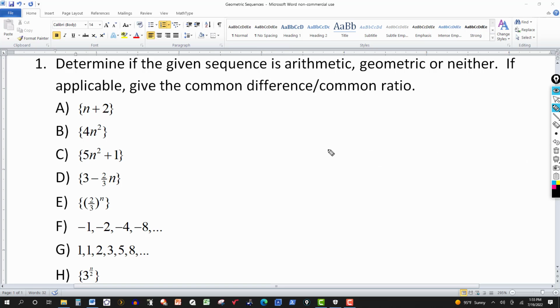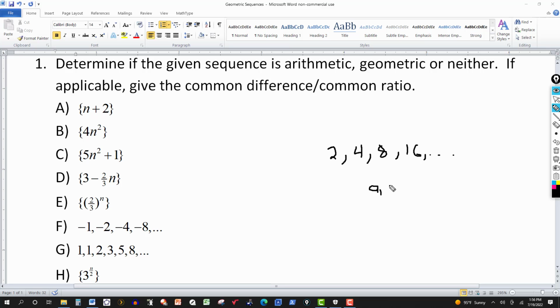Now for the geometric, you might be given the terms this way. For the arithmetic sequence, you're adding the same number to the previous number to get the next one. For the geometric, you're multiplying. You can see here, 2 times 2 is 4, 4 times 2 is 8, 8 times 2 is 16, and so on. So this is a geometric sequence.